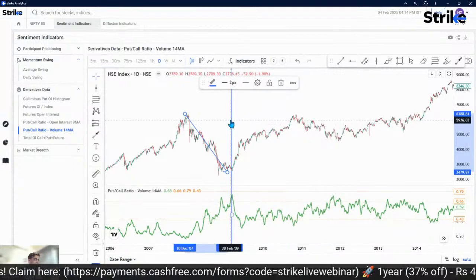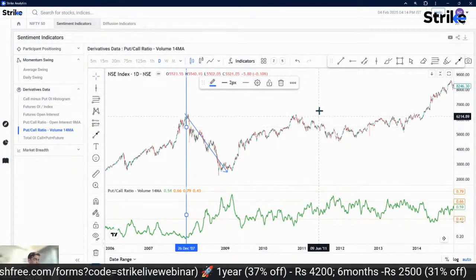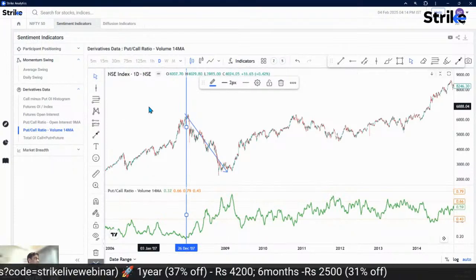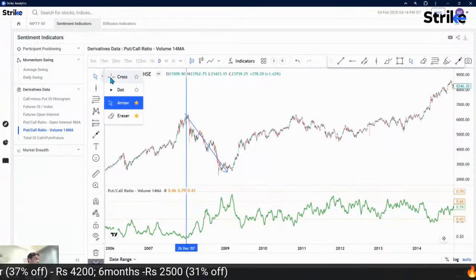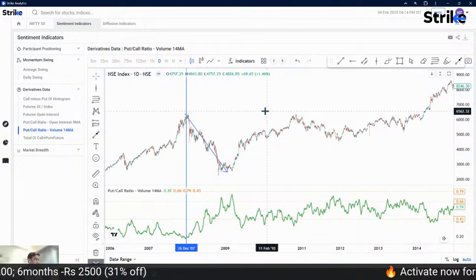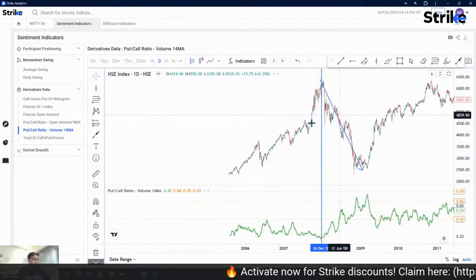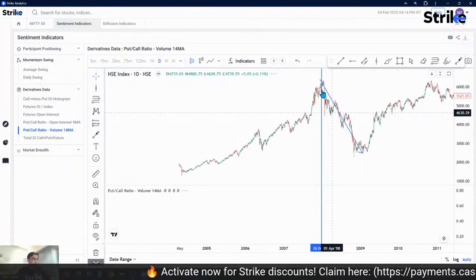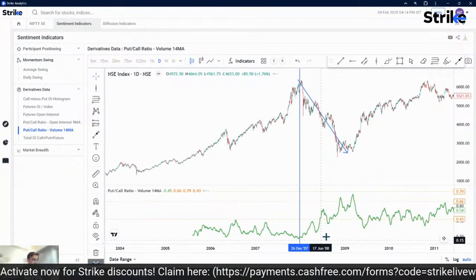And vice versa, when this indicator goes to an extreme low, a nice top is being made.